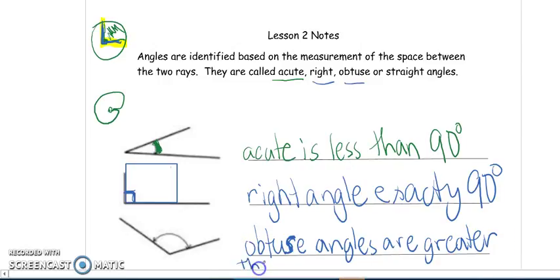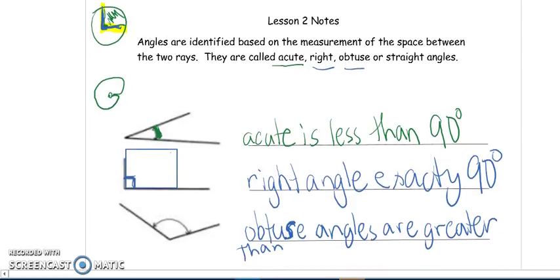Greater than 90 degrees, but less than 360, oh, excuse me, it's less than 180 degrees. I just said that wrong. So that means if I was going to be drawing an obtuse angle, it would need to be anything from here to here. Okay? So an obtuse angle is really stretched out.